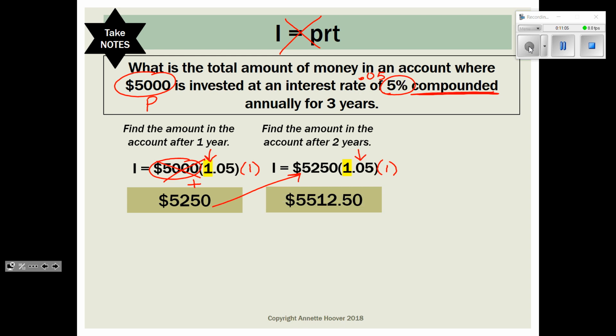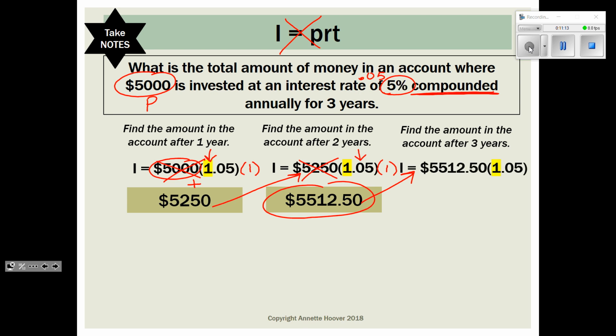So for the third year, you don't use this as your principal, you now use this as your principal. And so I use the $5,512.50 and multiply it times the rate. And you would do that year after year after year. Now you have in your account $5,788.13. That's what would happen if you used your simple interest equation.